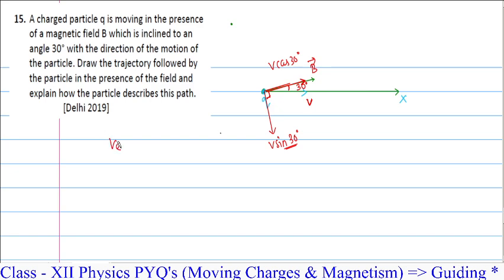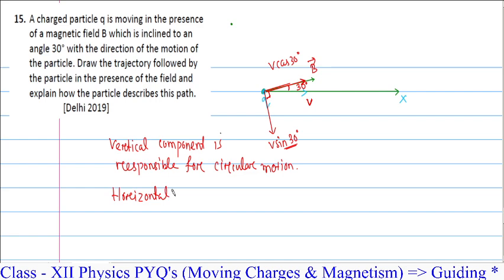The vertical component is responsible for circular motion, and the horizontal component is responsible for linear motion.